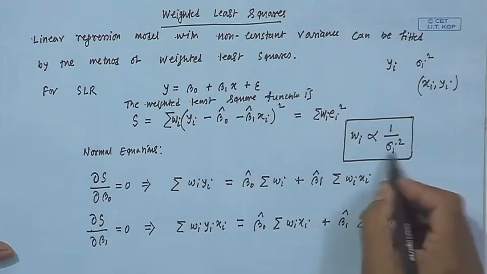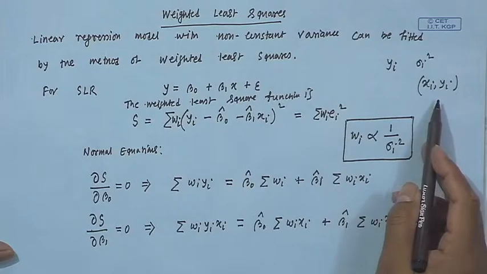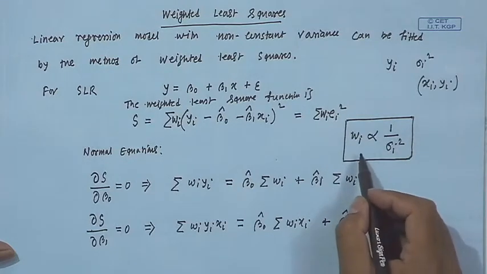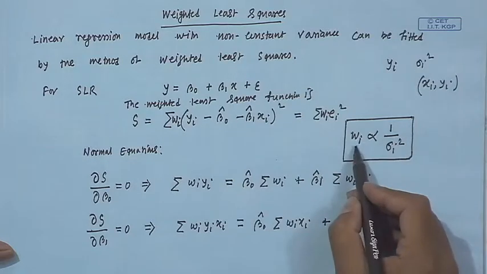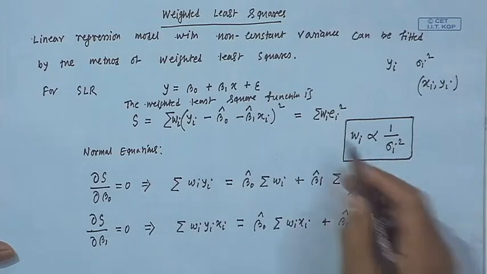So, you do not know what this sigma i square is for your given set of data. Okay. So, I will come back to this point. First of all, why this weight is proportional to 1 by sigma i square and how to get this sigma i square.